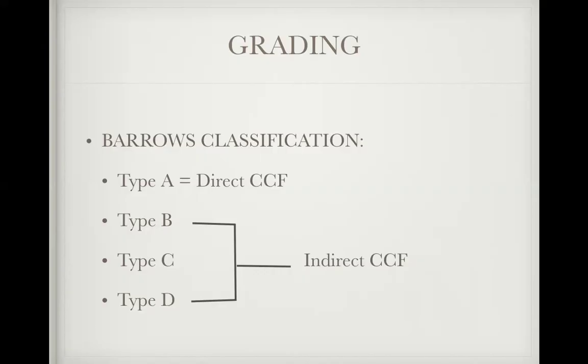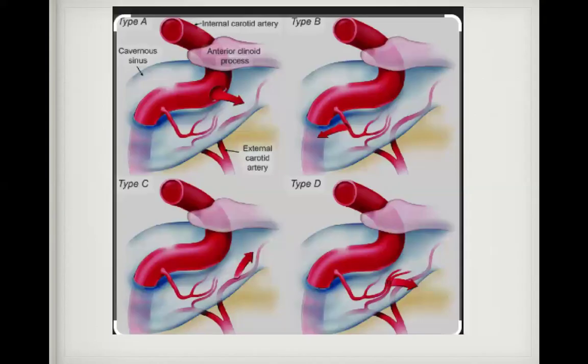In the indirect types, it's not the ICA directly, but branches of the ICA that are linked with the cavernous sinus. So, a very good pictorial classification of that. In type B, we have meningeal branches of the ICA connecting with the cavernous sinus.